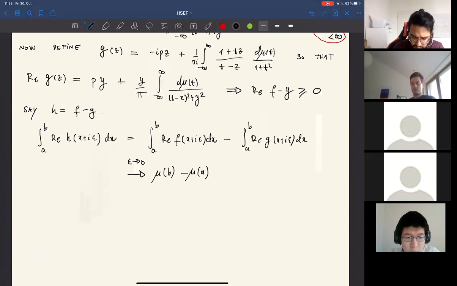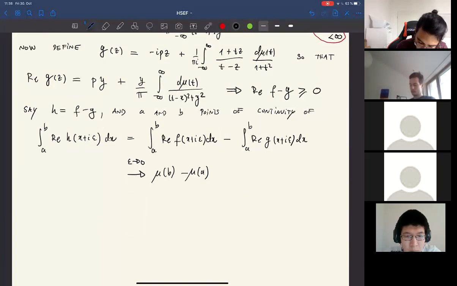Oh, these have to be points of continuity, otherwise this won't be the case. This should be the integral from a to b. So maybe I should say, and a and b points of continuity of mu. So this is by construction, because these measures are converging to the measure mu, or these functions are converging to this, if you want.